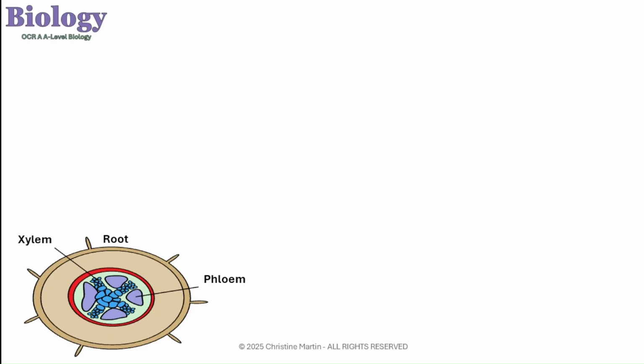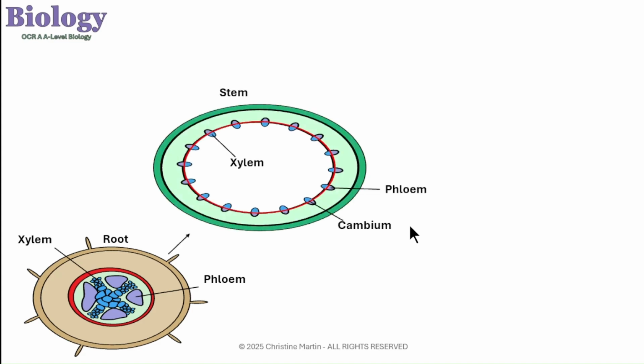Now, as we move up the plant, we move on to the stem. The vascular bundles in the stem are arranged in a ring near the outer edge of the stem. The xylem lies towards the inside and the phloem towards the outside, and a layer of cambium, a meristem, sits between.